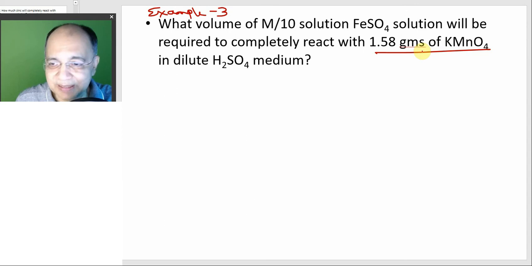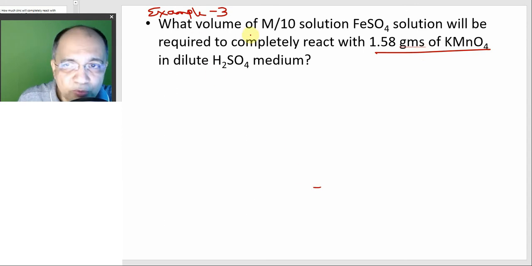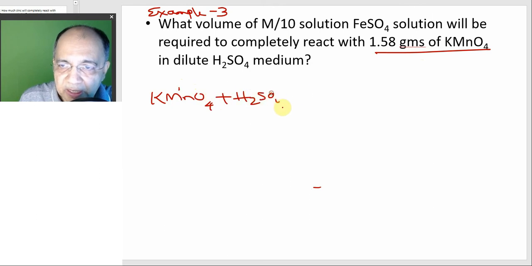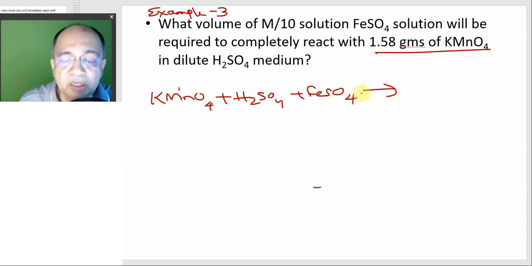Let us take up this. Let us first write down the equation. It is a huge equation. I remind you, KMnO4 is an oxidant in acidic medium, and it will react with ferrous sulfate. You have to have knowledge of predicting reactions; in LOC, we have learned how to predict a reaction.